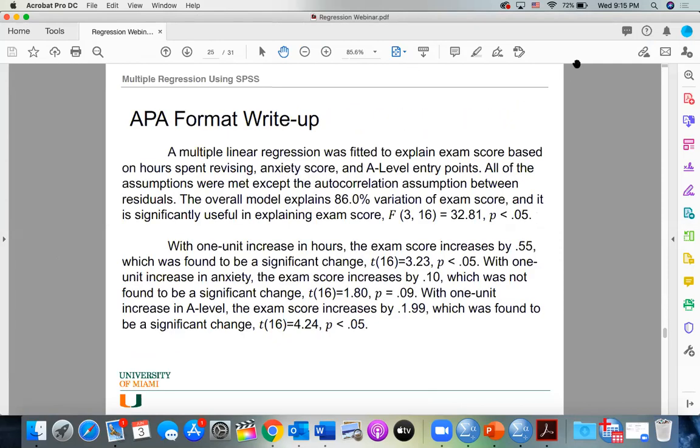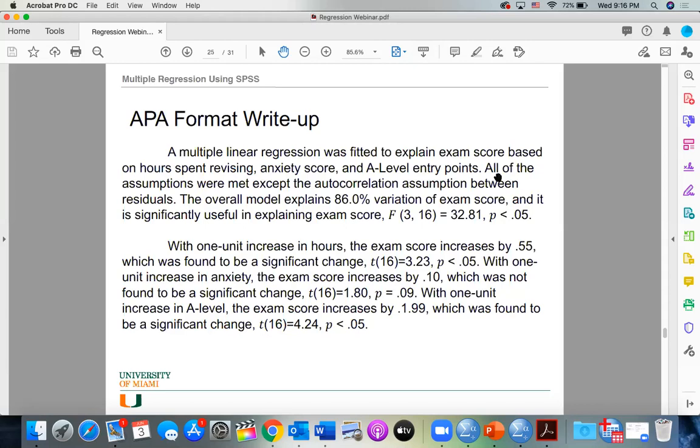Okay, so if we want to write everything in an APA style format, first we will say that a multiple linear regression was fitted, as we did. To do what? To explain the exam scores based on 3 variables. I mentioned them: hours spent revising, anxiety scores, and A-level entry points.